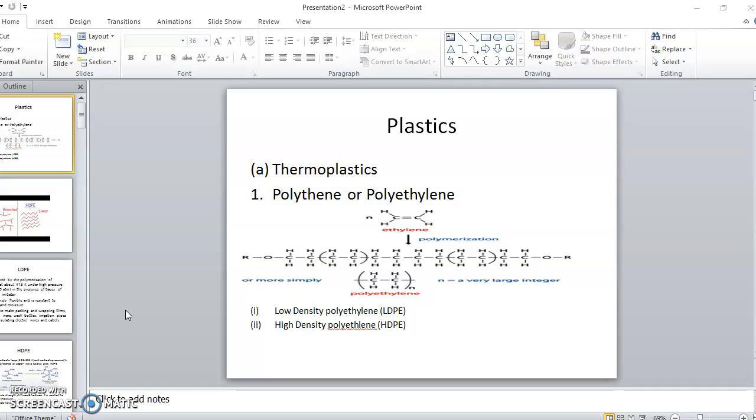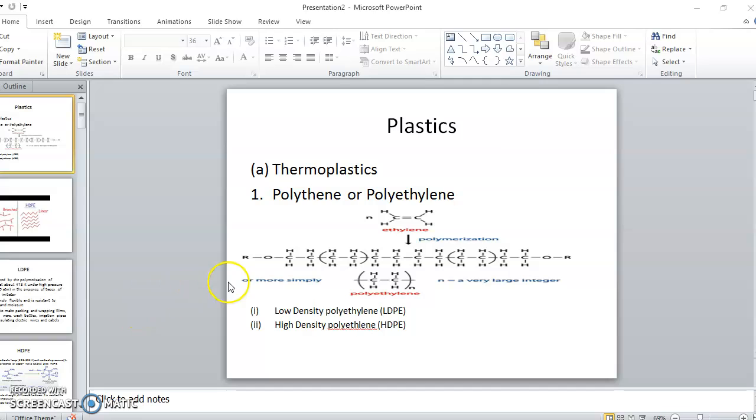Under thermoplastics, we will discuss some examples. The first one is polythene or polyethylene, very common as polythene cover and polythene sheet. Polythene is nothing other than polyethylene.